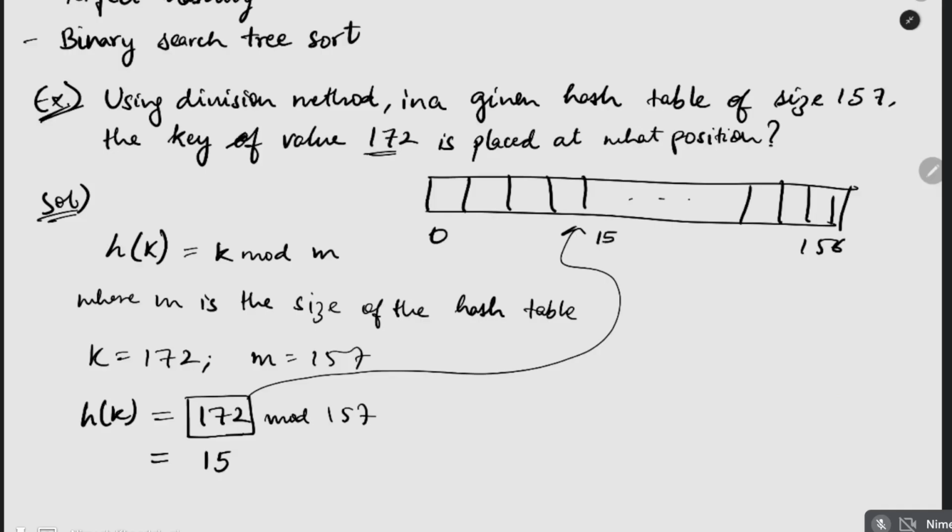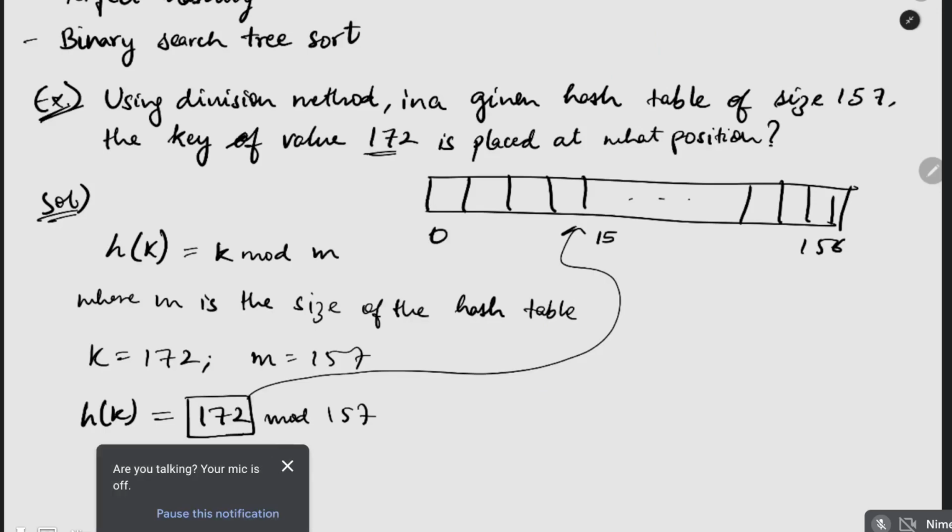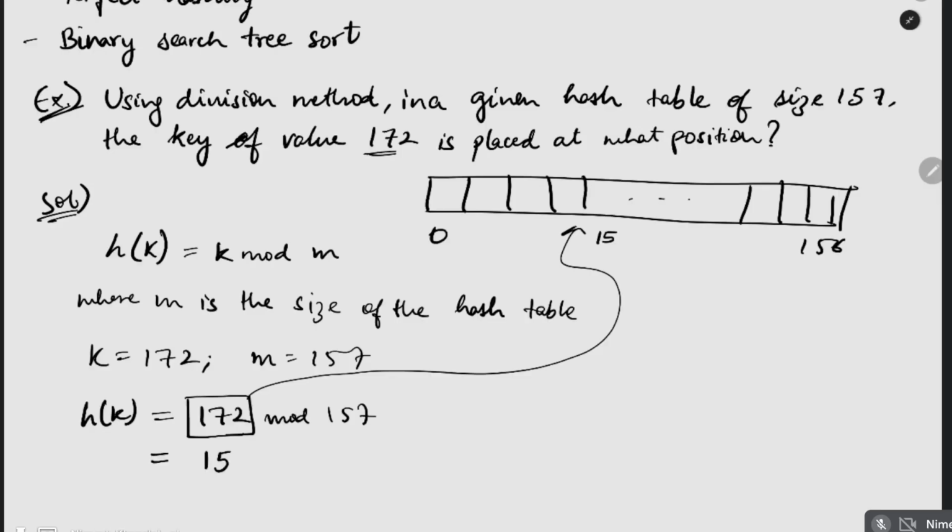And this is assuming that there is no collision right now in this hash table, that this is the first element that we are inserting. So we don't need to think about what kind of probing we are using if we have a collision. We assume that it's an empty hash table and this one has to be placed at whatever index the hash function gives us.